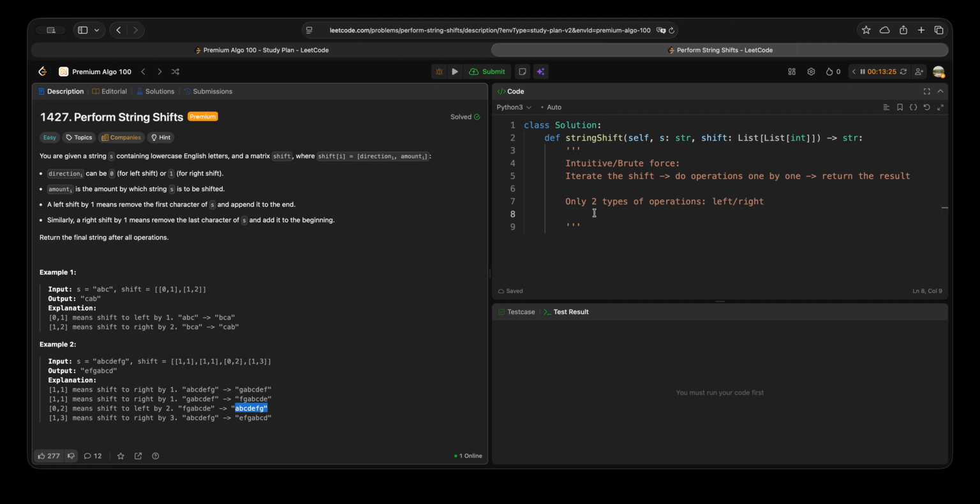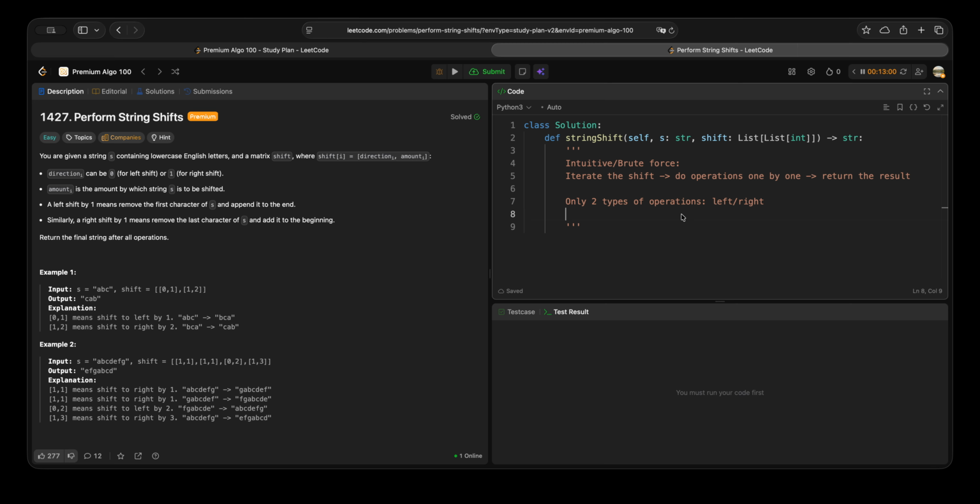If the final count of operations is negative, I'll just make it a left shift. And if it's positive, we'll say the absolute operation is a right shift. So it's just manipulating some basic definitions and ideas of positive and negative numbers and applying them here.